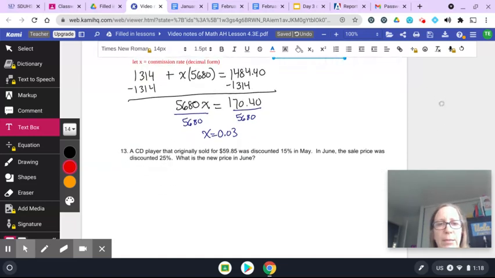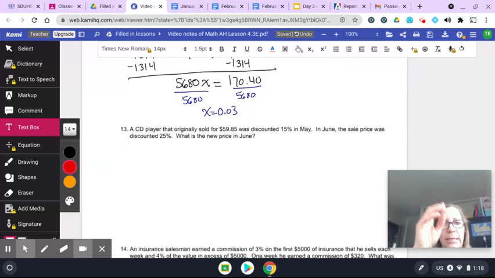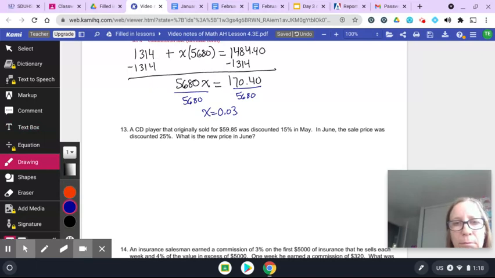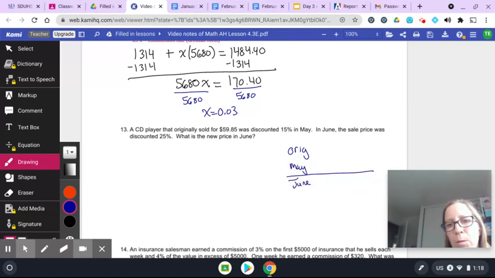Number 13. A CD player that originally sold for $59.85 was discounted 15% in May. In June, the sale price was discounted 25%. What's the new price in June? All right, so we have original, May, June, and we are talking about the price.